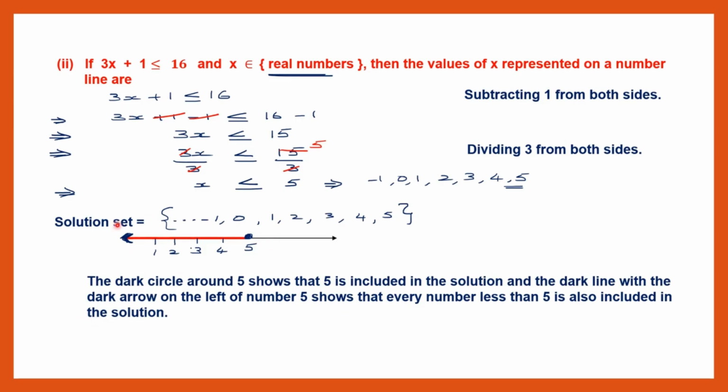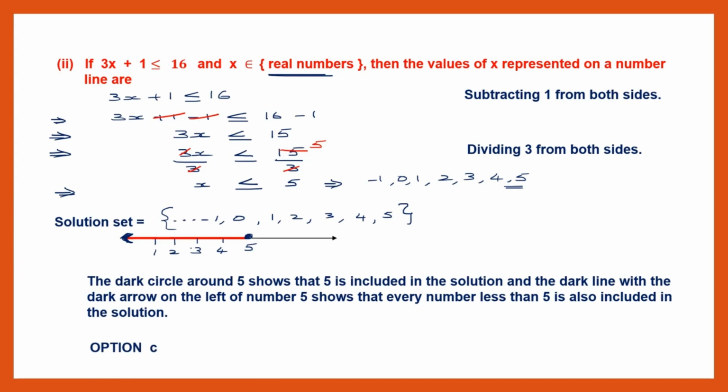Okay, so I hope you understood how this is done. So since the solution set says all numbers equal to and less than 5, I started with 5, and there is a dark dot because 5 is included. And this dark line here will show that it continues, especially with the dark arrow here. This arrowhead is dark, telling us that this continues on the other side. So this is our answer, and that will be option C.